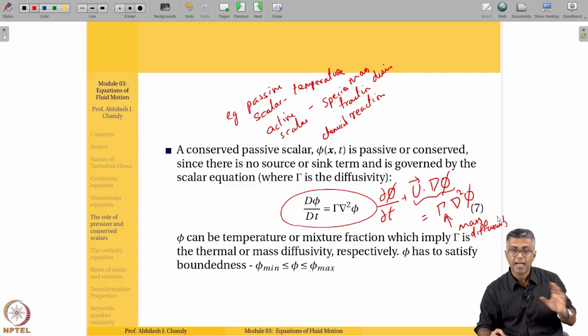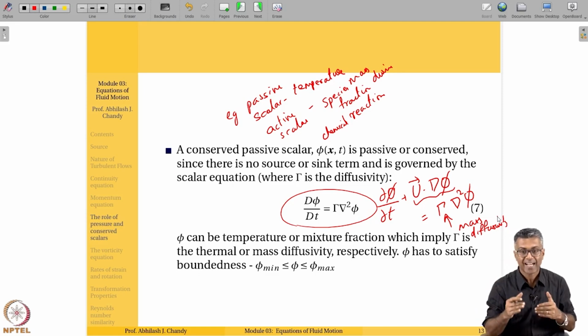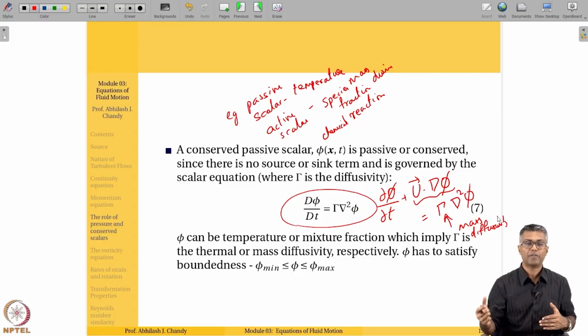Remember, unlike what we had for the continuity and momentum, if we are dealing with some kind of a mass fraction or even temperature, like a mixture fraction or temperature, like a conserved scalar, it has to satisfy certain boundedness. Like the mixture fraction usually is between 0 and 1. Even temperature cannot go above a certain limit.